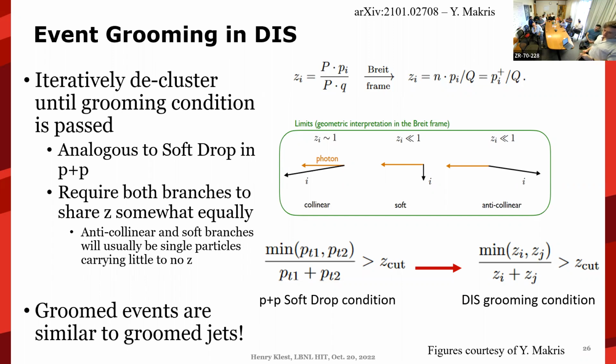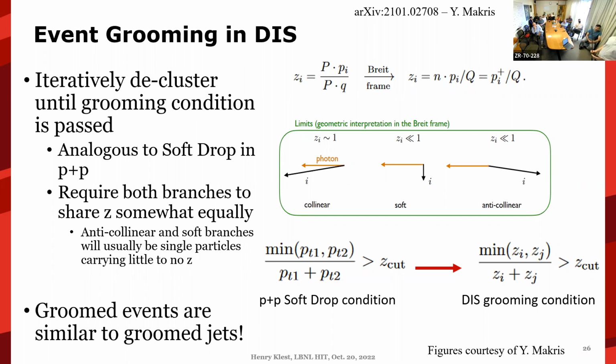So this momentum fraction z is an important quantity in general. If you're very collinear to the photon, you have a z roughly equal to 1. You have large z. And if you're soft radiation or you're anti-collinear to the direction of the exchanged photon, then your z is very small. So what happens when you do this grooming is you're requiring the two branches that you're comparing to share z roughly equally.